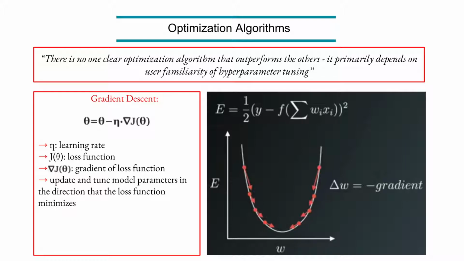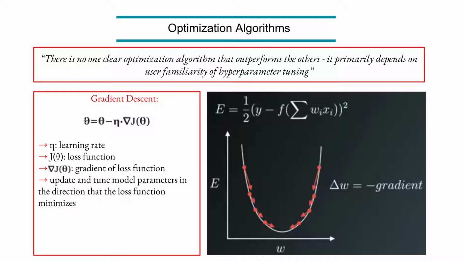So let's start with optimization approaches. The first one is gradient descent. Basically, gradient descent is not one specific method. Gradient descent is the umbrella name for all gradient-based optimization algorithms. So what does gradient descent do?